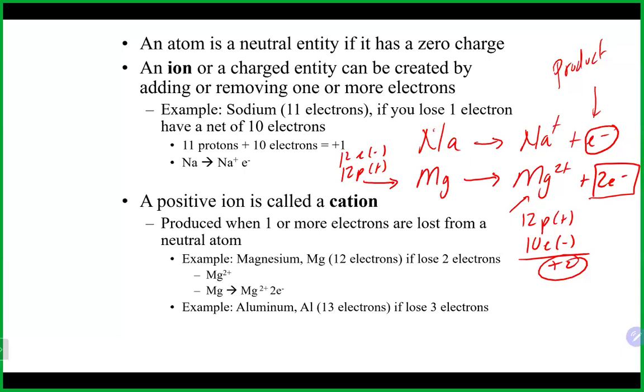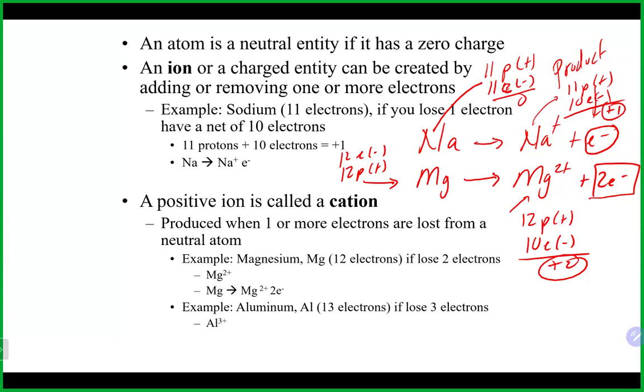Same thing with our sodium. In the neutral sodium, we have 11 protons and 11 electrons, which gives us an overall no charge. And when we look at the sodium with a +1 charge, it has 11 protons and only 10 electrons. That gives us our +1 overall charge. So once again, it is the loss of electrons.